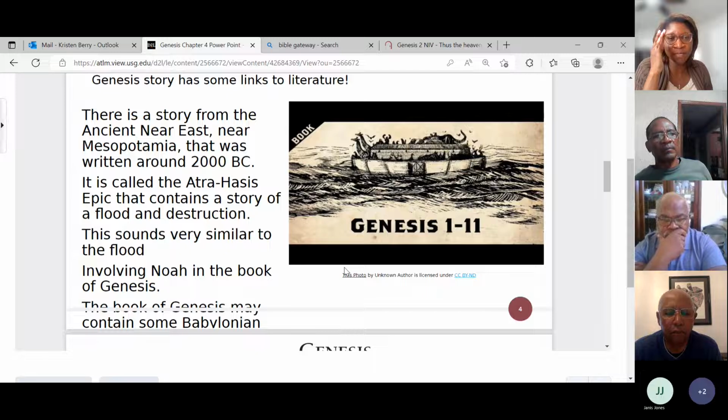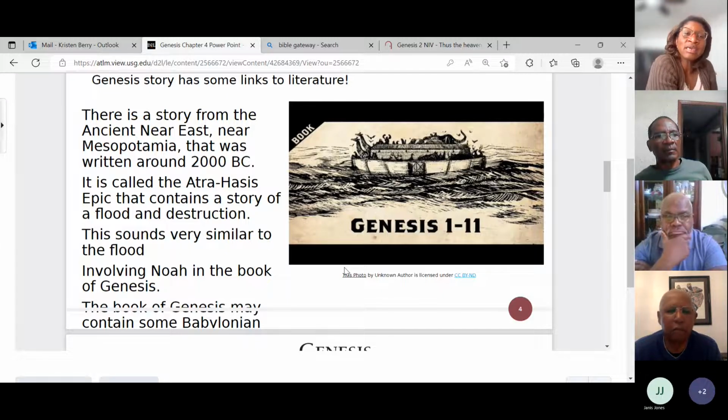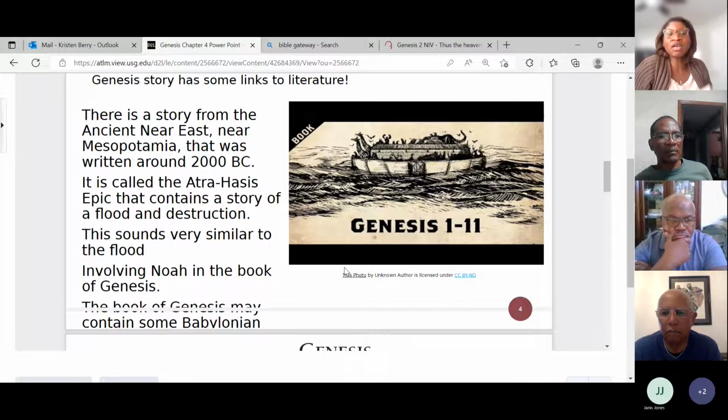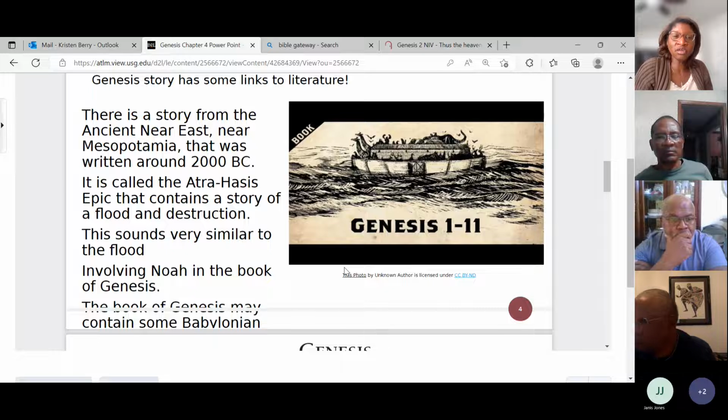Did you know that particular story contained a story talking about a flood and destruction of the world? This particular story sounded very familiar, similar to the flood that we find in the book of Genesis that occurred with Noah and building the ark and things like that.